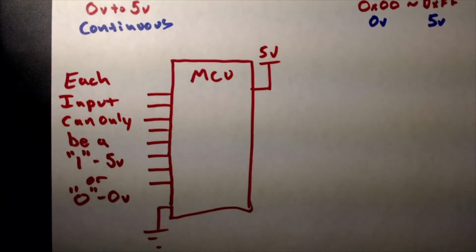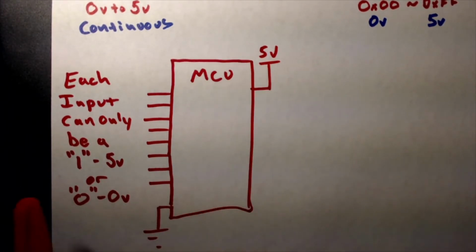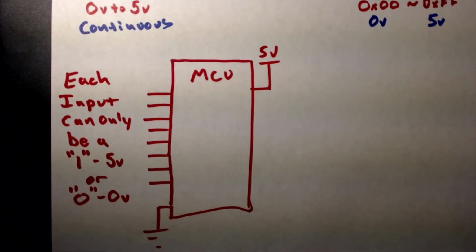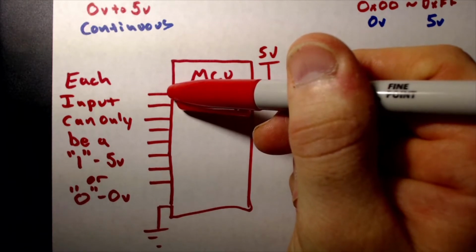I just gave 5 volts and ground in order to say that this microcontroller is indeed working with 5-volt logic, so a high refers to 5 volts and a low works with 0 volts. So one wire can only take on 2 states.